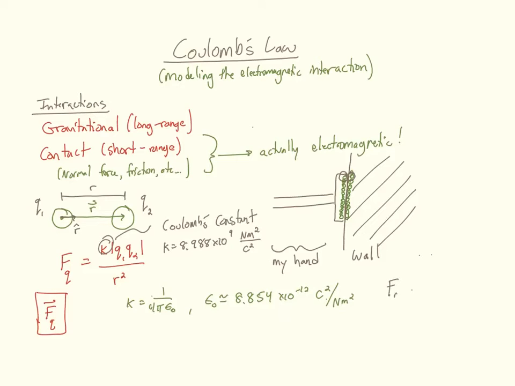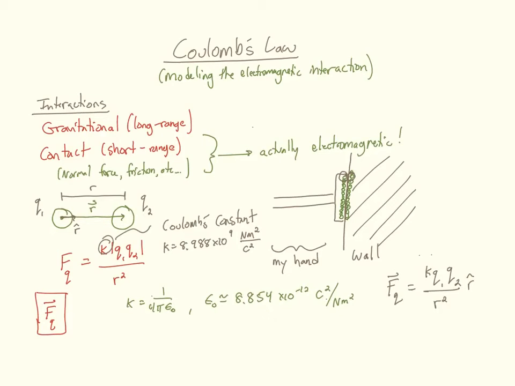F_Q as a vector is simply the same thing as I have over there without the magnitudes now, because if these charges are opposite in sign, I want to actually get the repulsive or the attractiveness of the force based on their actual signs, and then I can just write r hat like that.